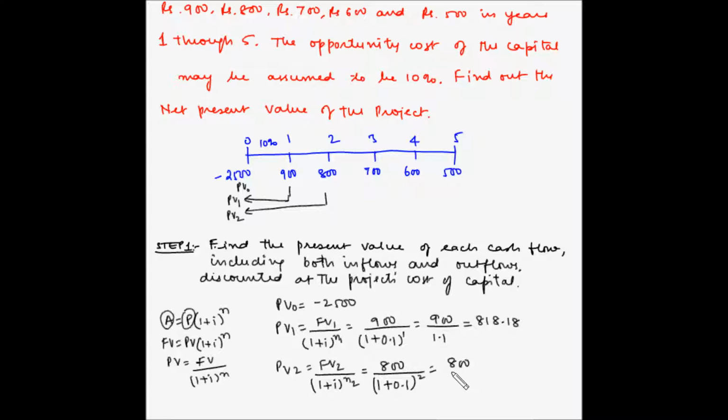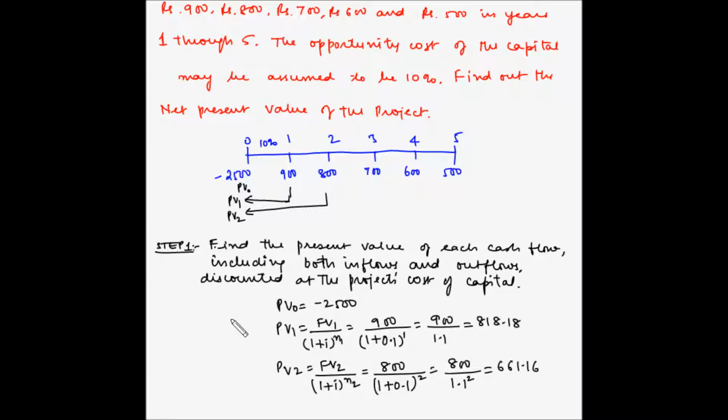So 800 divided by 1.1 squared comes out to 661.16. Please note that I am rounding off these numbers to 2 decimal points.